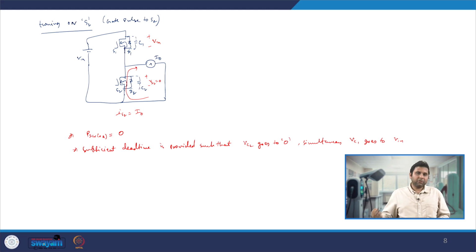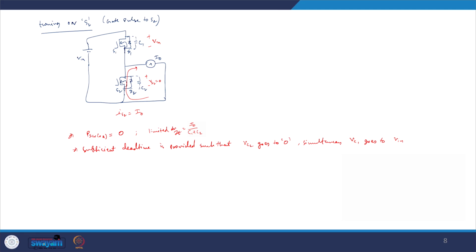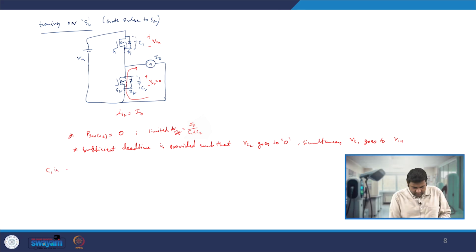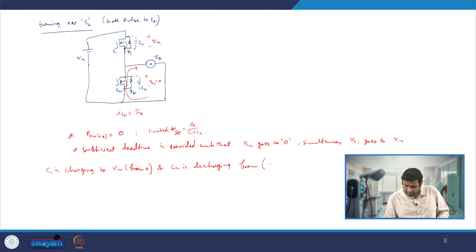So we get P switch-on equal to 0, and along with that we have limited dV/dt, which is I naught by C1 plus C2. And if you look very carefully, in this case C1 is charging to Vin voltage from 0 voltage, and C2 is discharging from Vin voltage to 0.